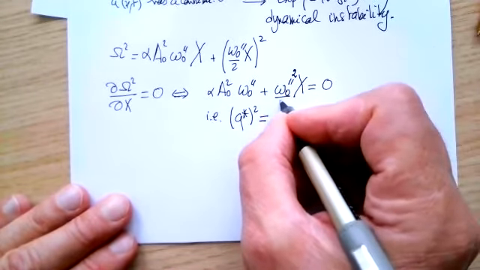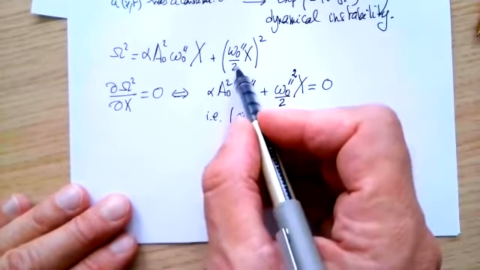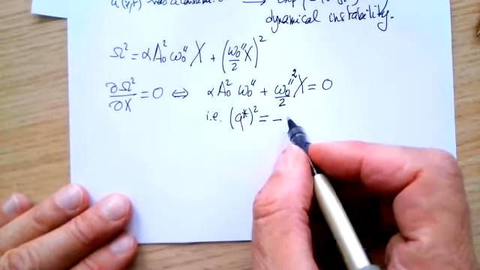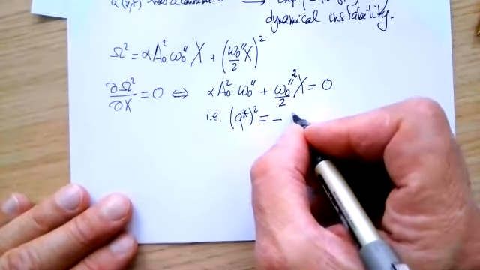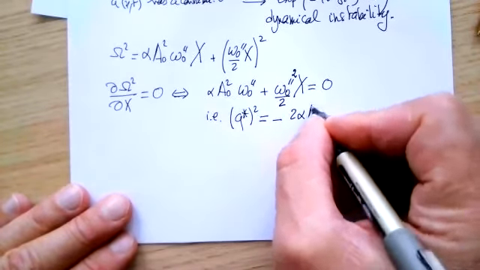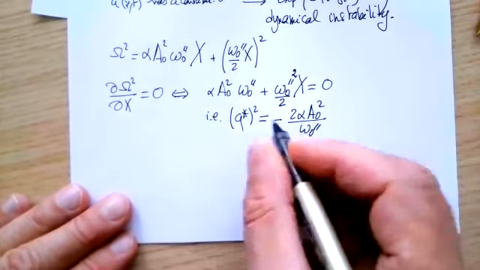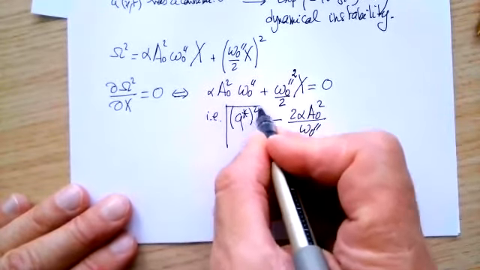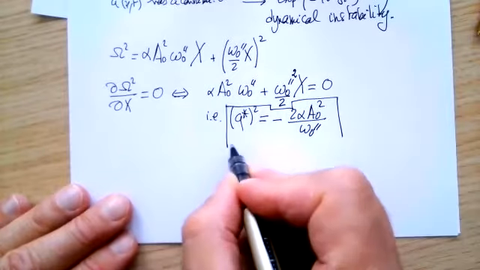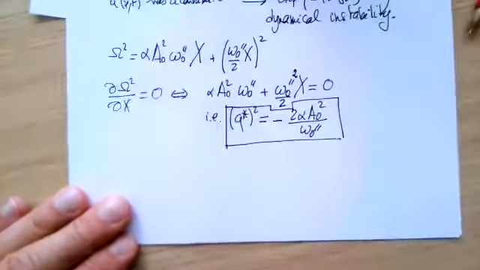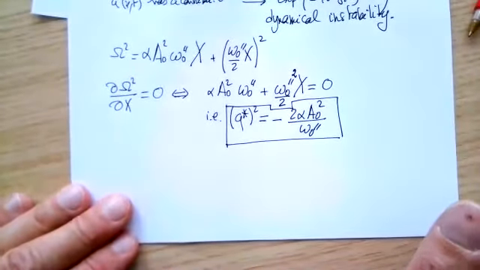Here I have a 2, and a 4; the 4 is killed by the derivation and remains a 2. It means minus 2 alpha I0 squared divided by... okay, let me check with my notes. It is correct.